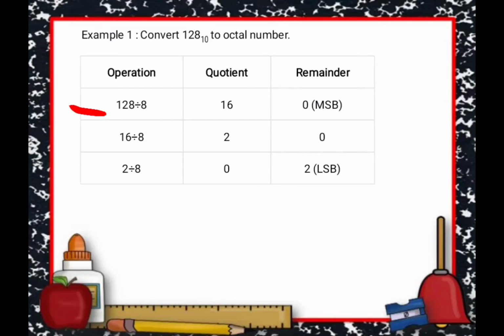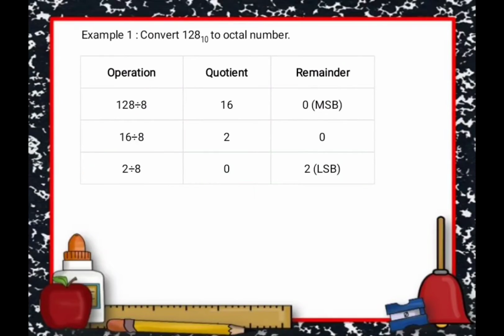So 128 divided by 8 equals 16 with a remainder of 0, MSB. MSB means most significant bit. So from the quotient 16, we divide it again by 8. So we have 2 with the remainder 0. 2 divided by 8 is equal to 0 with the remainder of 2, LSB. LSB means least significant bit.